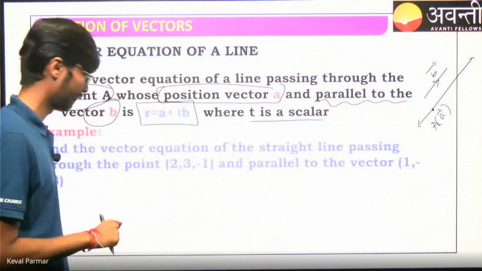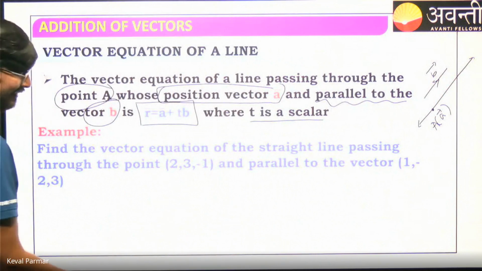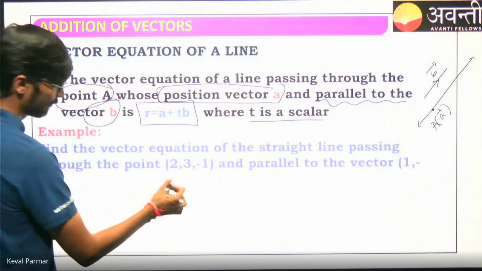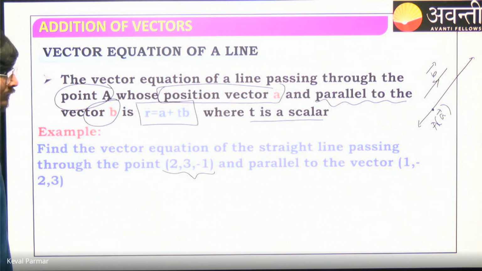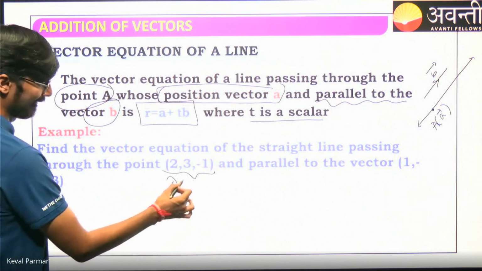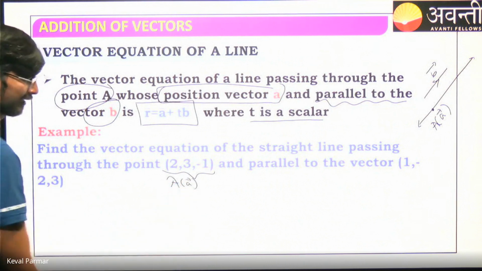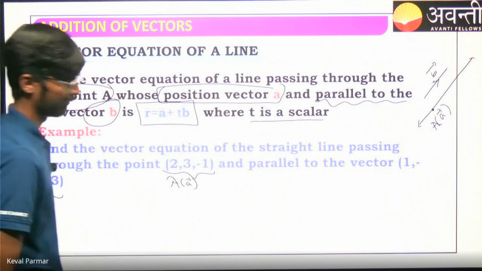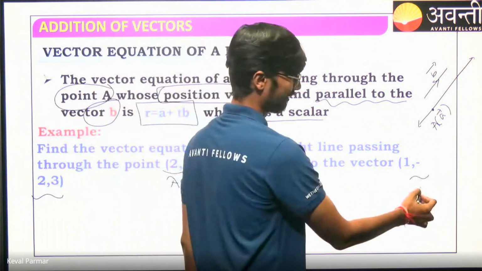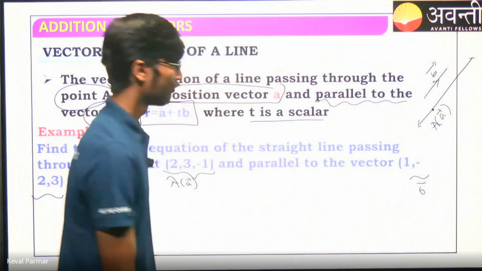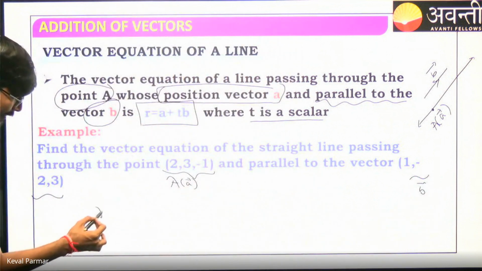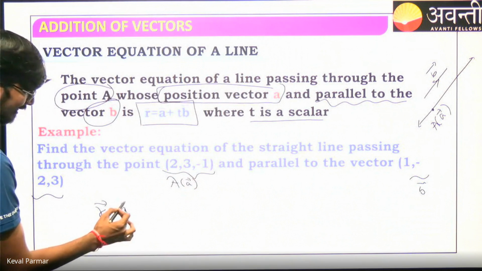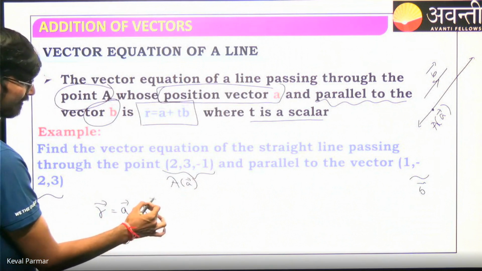Let's look at the example. Here the line passes through this point. That means this point is A, or in terms of vector we can write A vector, and parallel to this vector. That means this is B vector. So what will be my equation? My equation will be R vector equals A vector plus t B vector.